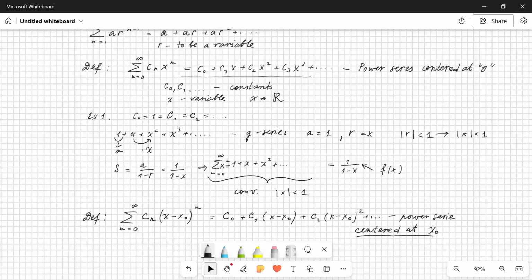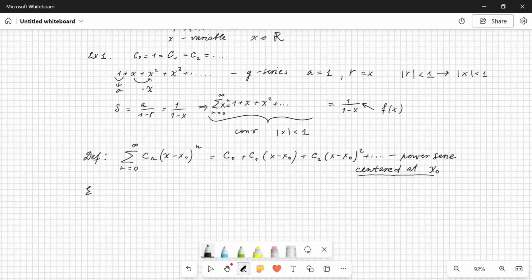Let's see. So my example number 2. Let's consider a series looking like this: sigma n equals 0 to infinity of (x minus 3) to the power of n divided by n.